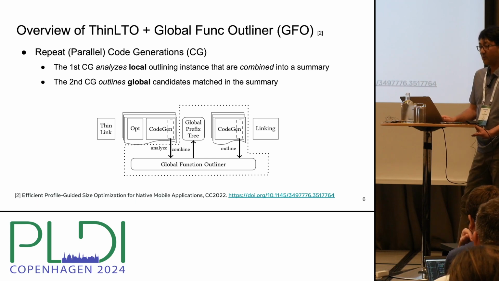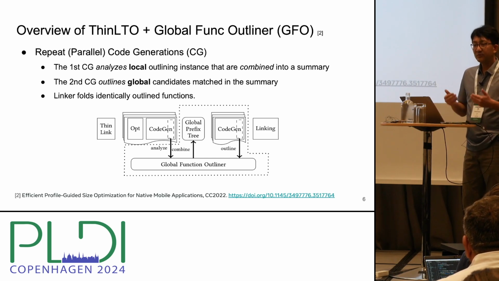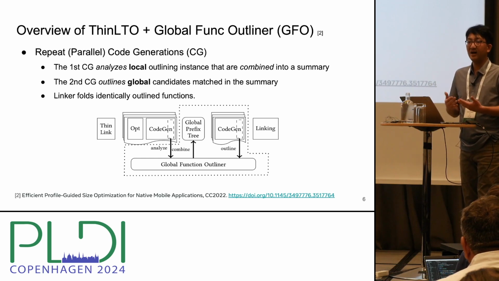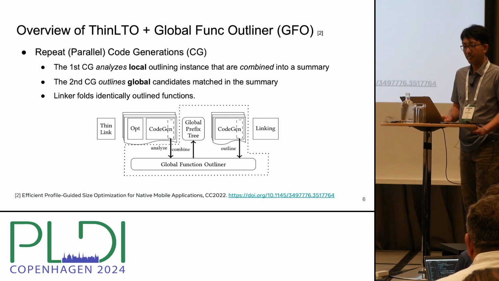During the second codegen round, we identify cross-module candidates, and then we create those instances. And finally, at link time, if these two outline instances are truly identical, we can fold them through the linker's ICF.